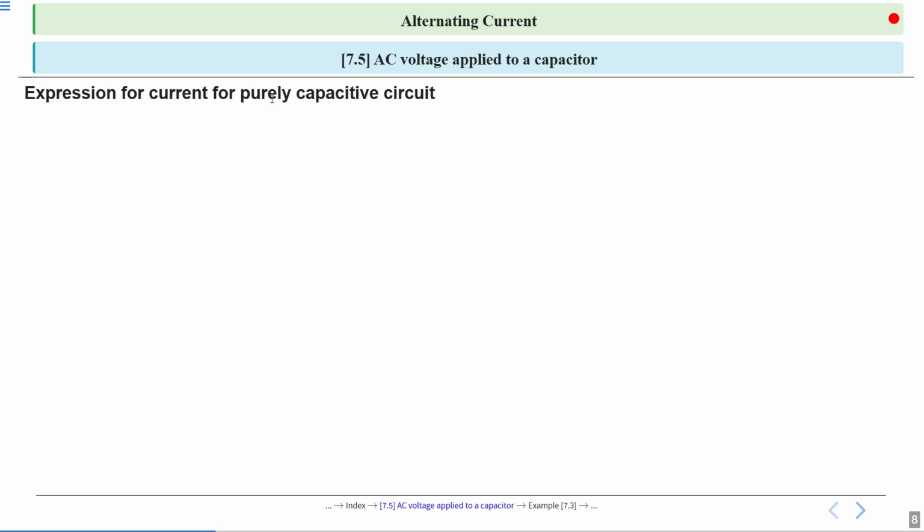Expression for current for a purely capacitive circuit. Now current is in terms of cos omega t, and voltage is in terms of sin omega t. We have to see the phase difference also, so we have to convert the expression of current into the form of a sine function. So I equal to omega C Vm cos omega t. Using cos omega t equal to sin of omega t plus pi by 2.